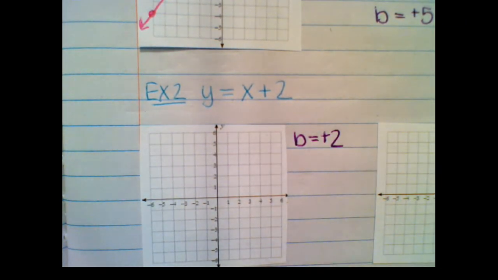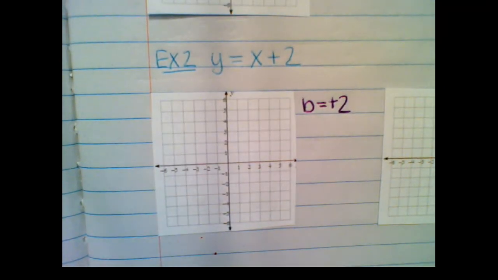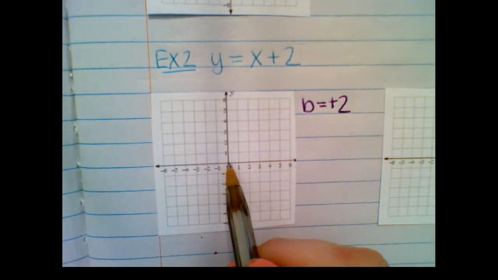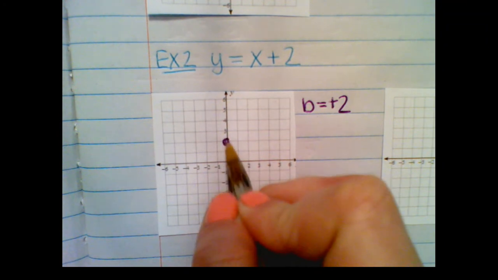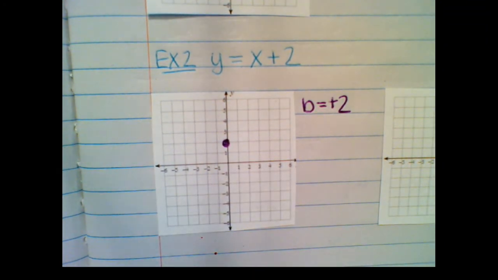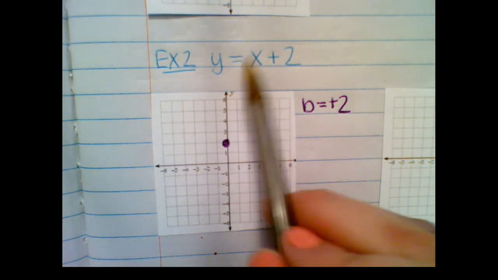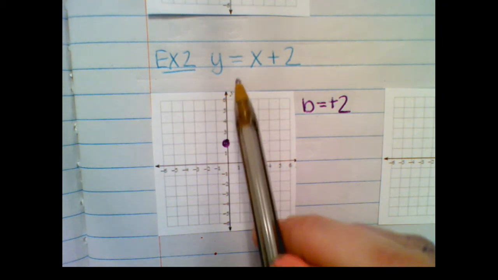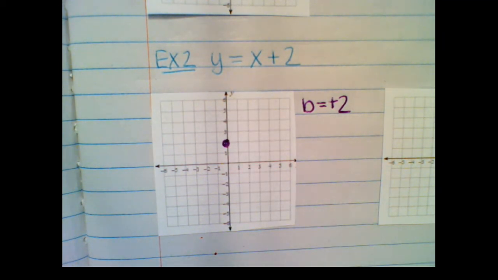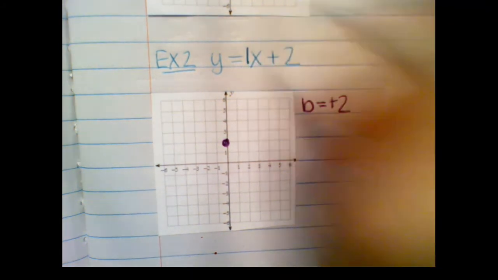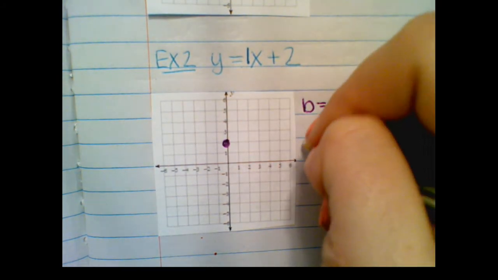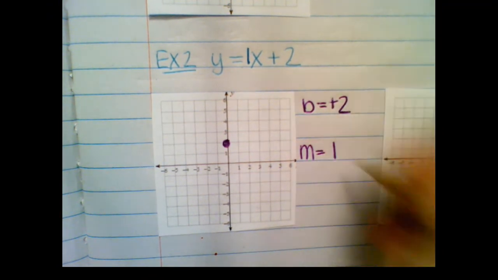So I can go to my graph, to 0, 0, and then go up 2 on the y-axis because it's the y-intercept. Now my m, I don't see a number here. I don't see a coefficient in front of the x. And that's where you have to remember, if there is no coefficient, that means it's a 1. So my m is 1.